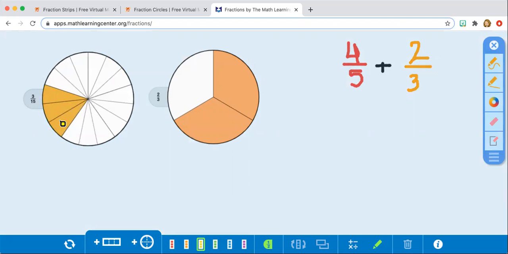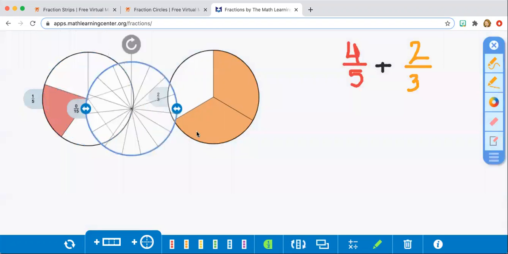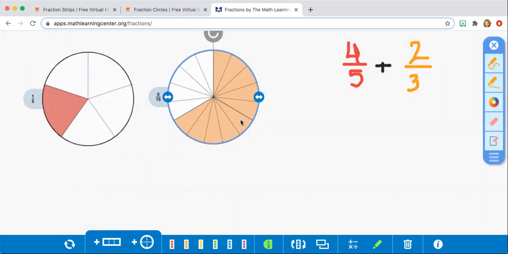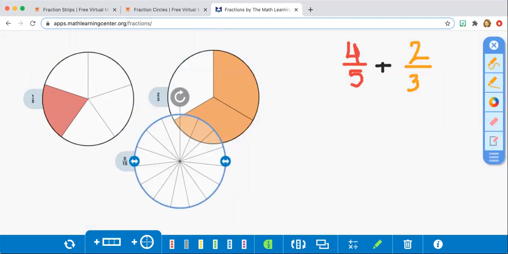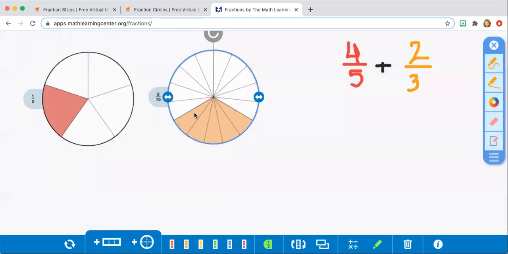So understanding these models and how to show this equivalence is so, so, so important. Likewise, right? This is my 15ths. If I overlay it on top of the thirds, right? Maybe we just look at this one, right? How much is 1/3? 1, 2, 3, 4, 5, right? Exactly what we just saw when we overlaid the thirds and the fifths.